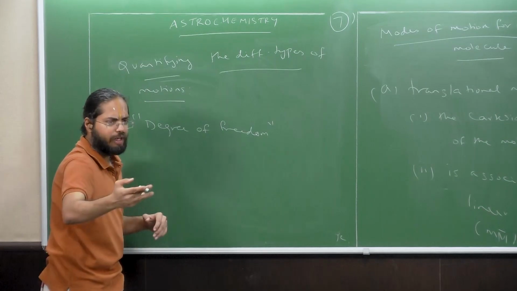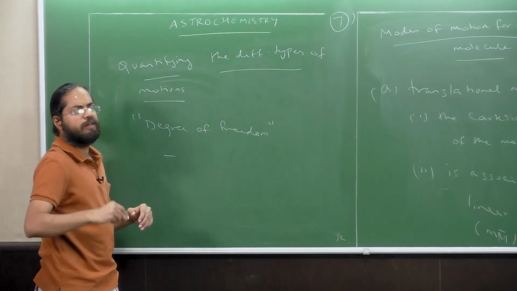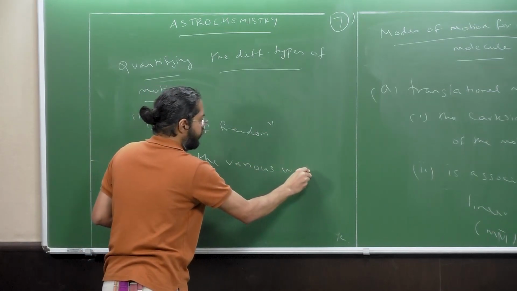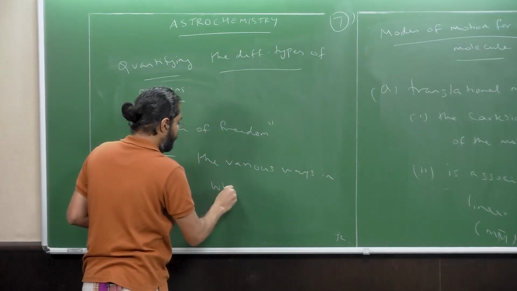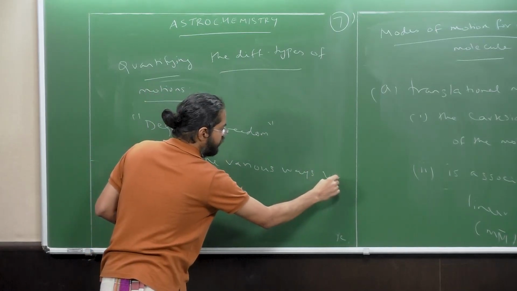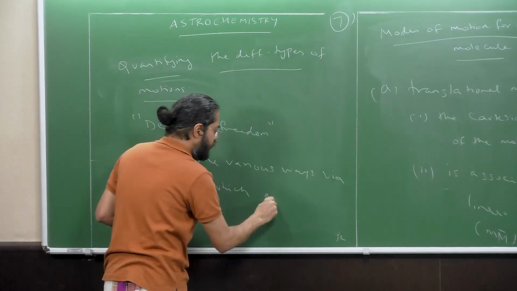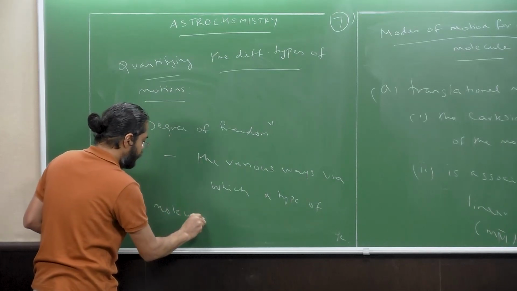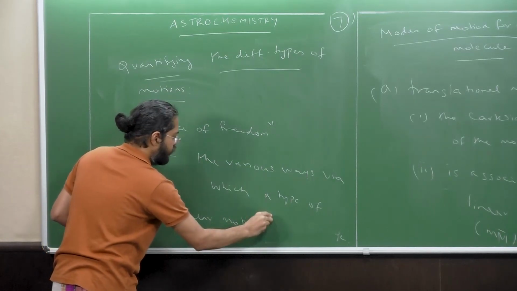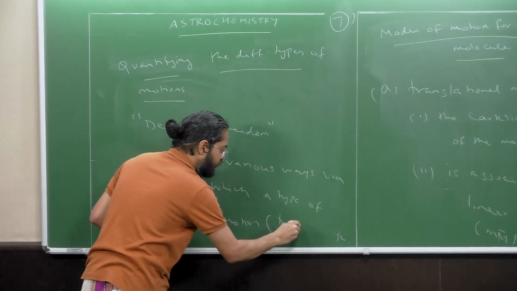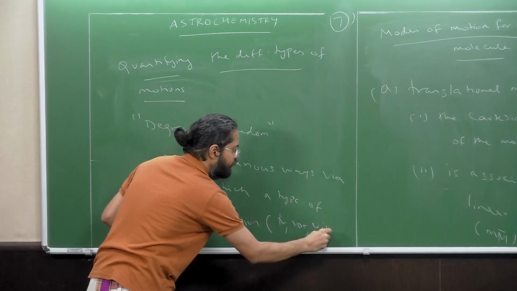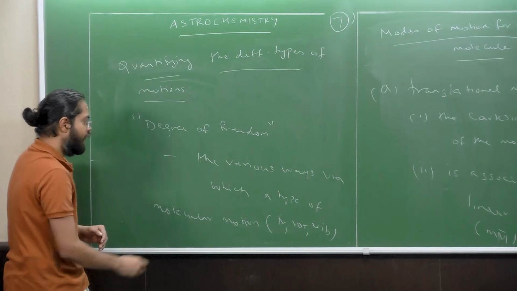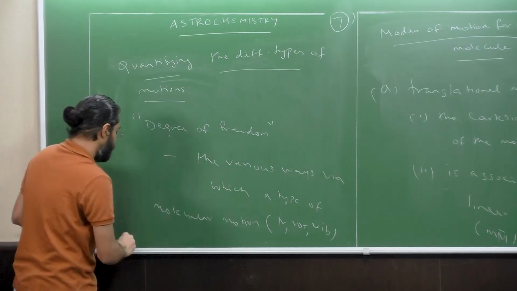Which roughly translates into the various ways via which any type of molecular motion, we're talking about the translational, rotational and vibrational motions, this is TR, ROT and VIB for short, could happen.